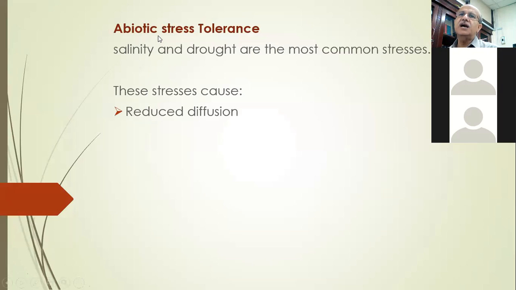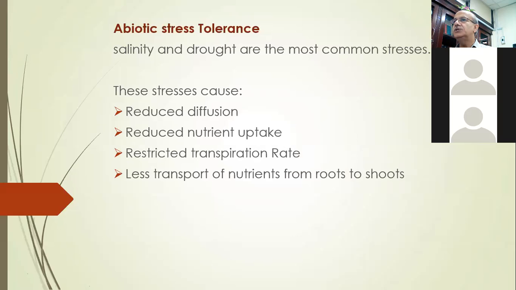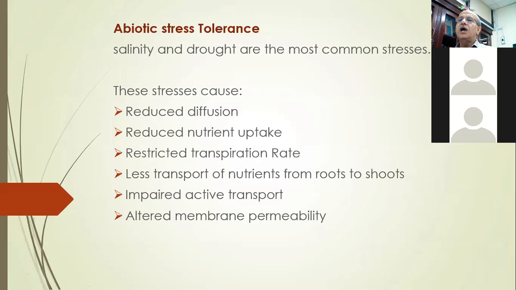So these stresses cause, most of you are soil science students, you know what salinity causes. Reduced diffusion, reduced nutrient uptake, restricted transpiration rate, less transport of nutrients from roots to shoots, impaired active transport, altered membrane permeability.